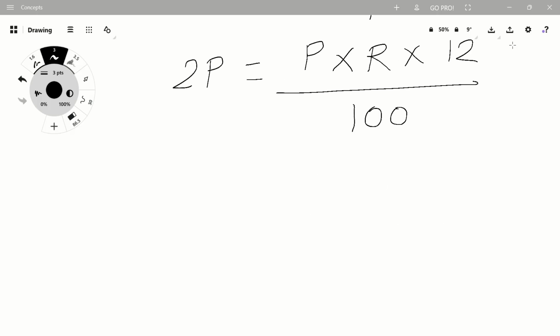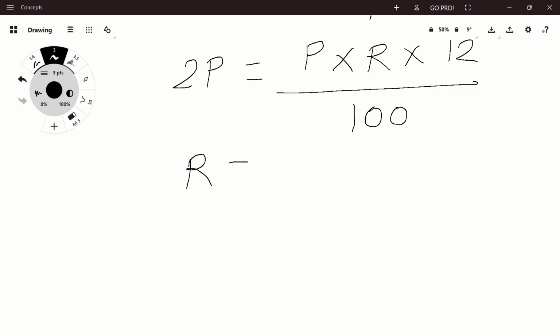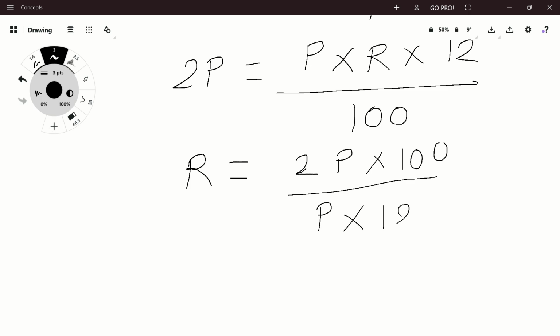Now, solving for the rate of interest, we get R is equal to 2P into 100 upon P into 12.